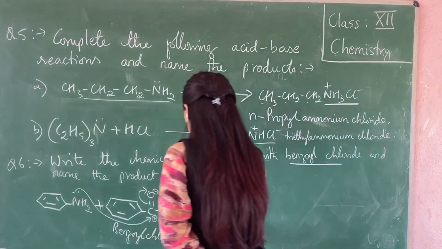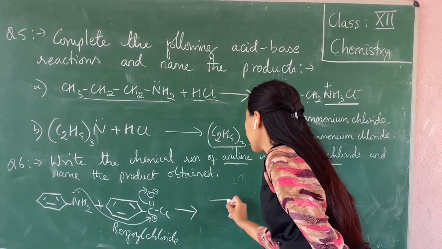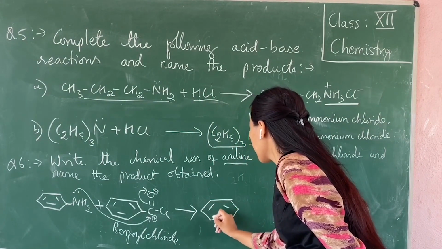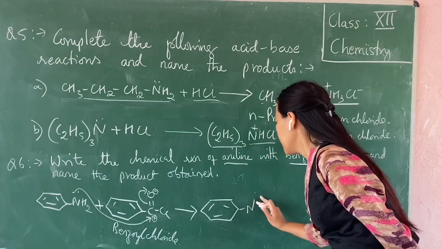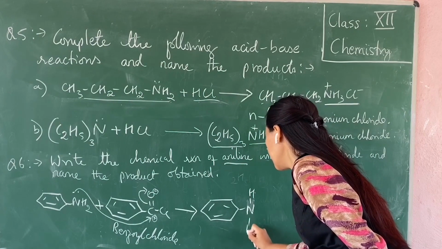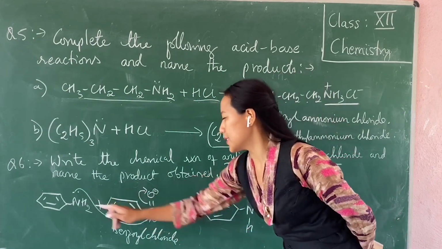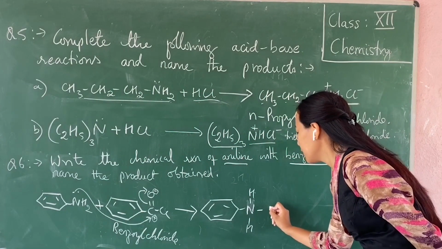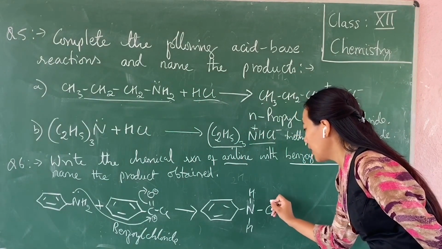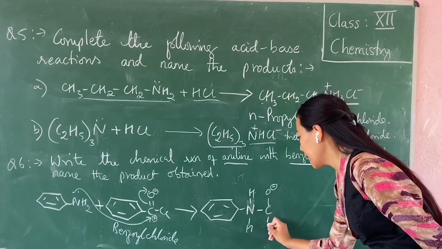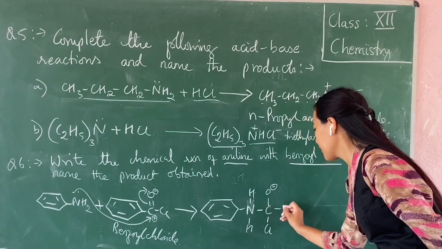And this will give rise to N, hydrogen, and then connect this N with this carbon. So therefore C, and O will have a negative charge, and then the chlorine atom, and then the benzene ring.